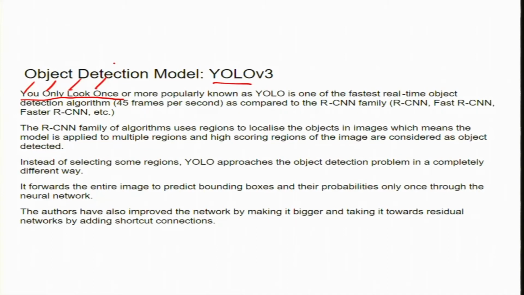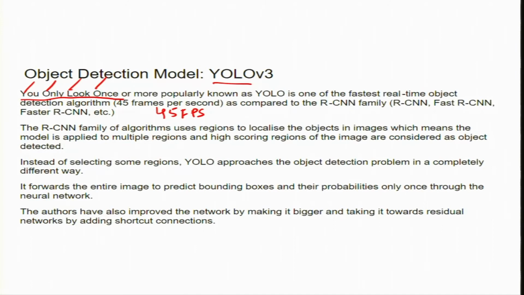It is popularly known as one of the fastest real-time object detection algorithms, where the speed is measured in frames per second, FPS. It runs at 45 FPS, at which real-time object detection takes place in YOLO, as compared to RCNN, Faster RCNN, etc. They are quite slow compared to YOLO.